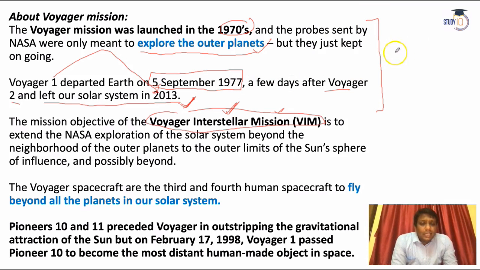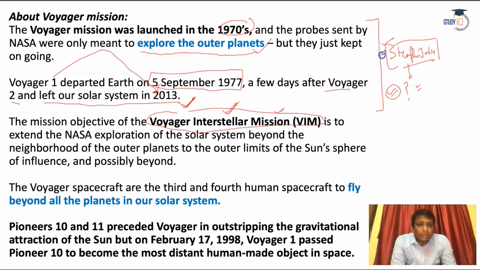When the US sent the Voyager mission, at that time Stephen Hawking made a joke on the US, that the US is getting mad right now. The reason was very simple, and I want to know why Stephen Hawking made a joke on the Voyager mission. If you have any information, kindly put it in the YouTube messages. I would like to know if you know this information or not. Otherwise, in some other video I will explain it to you.